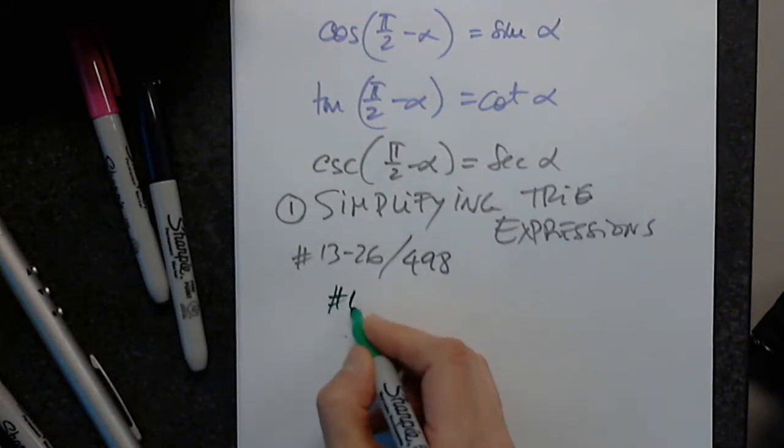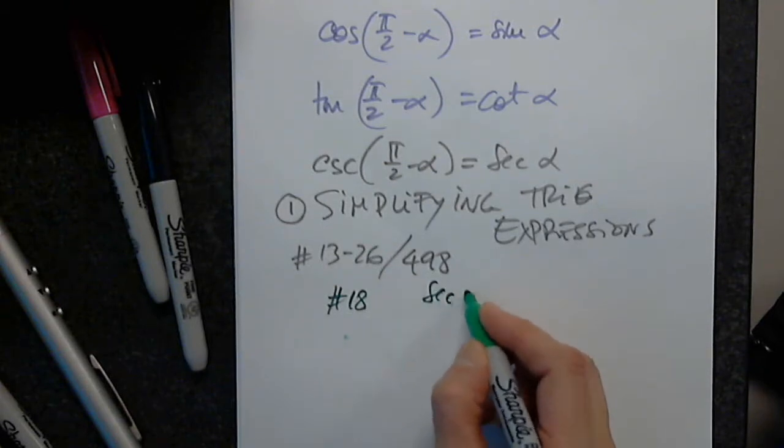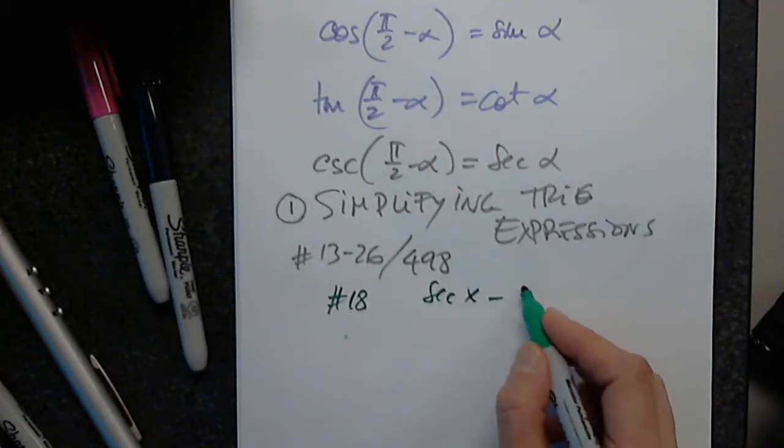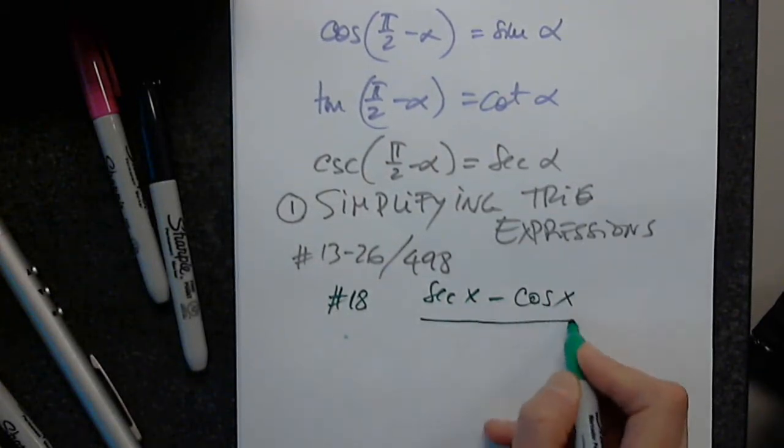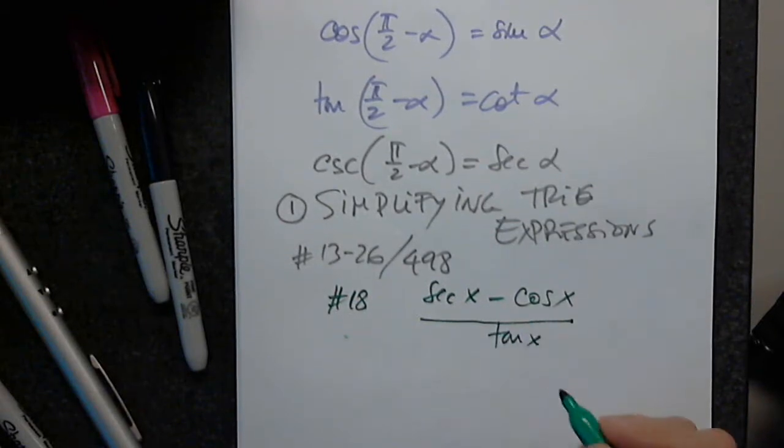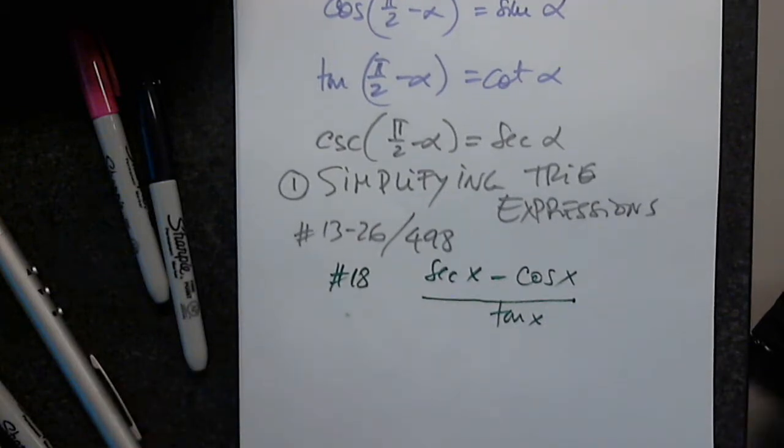18 it is. So secant x minus cosine x over tangent x. Simplify the trig expression. Very useful for calculus and beyond. What is the idea here? The idea is to go to the simplest possible two trig functions that we know of, and they are sine and cosine.